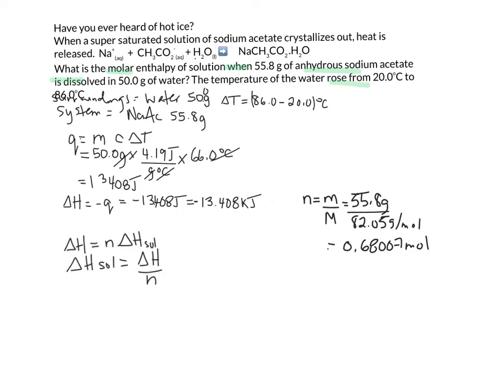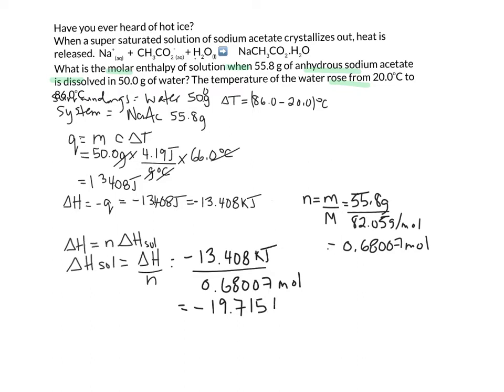So negative 13.408 kilojoules divided by 0.68007 moles and negative 19.715 kilojoules per mole. Look at your initial data. Everything had 3 significant digits, so only 3 significant digits in our final answer.